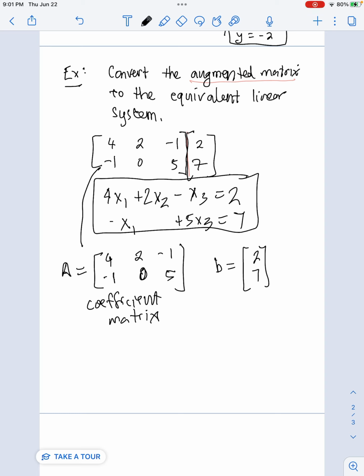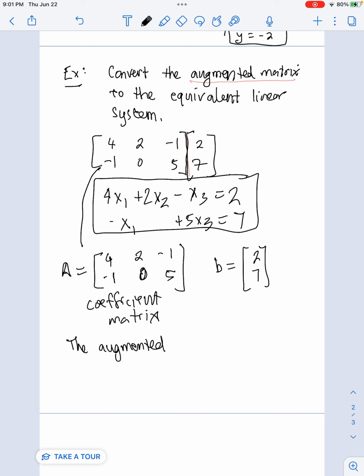And so this augmented matrix, and then this is something that we'll see when we talk about matrices times vectors. We're going to learn how to multiply a matrix by a vector.